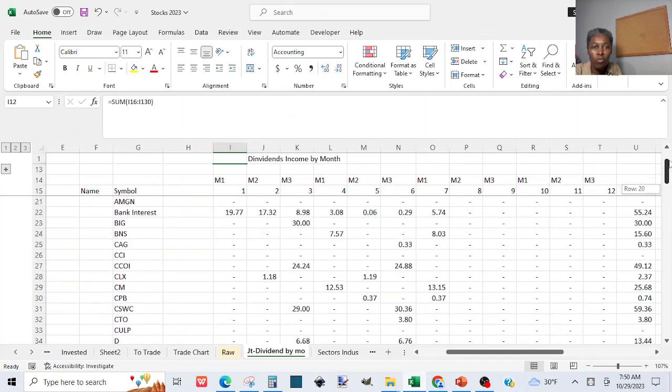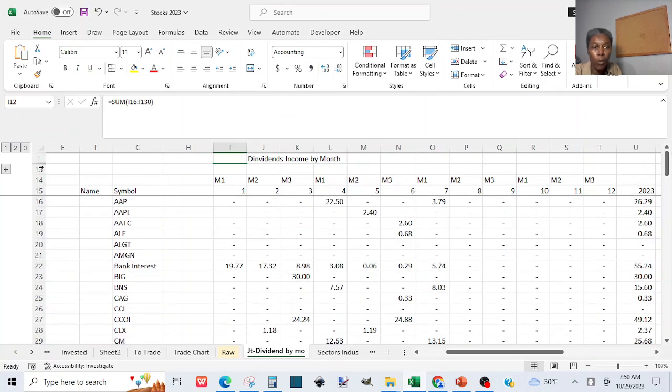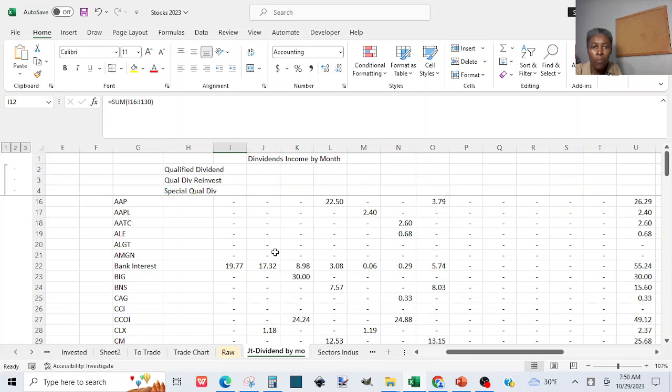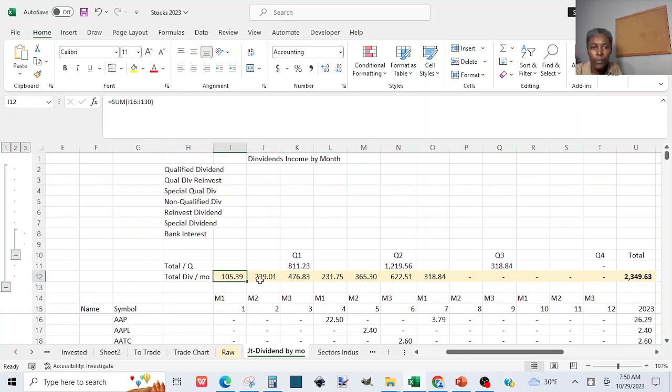And one way to do that as well is to look at the months you are making dividends. Once you make dividends every month of a quarter, constantly, that means you reach that goal that you are making dividend income every month passively.